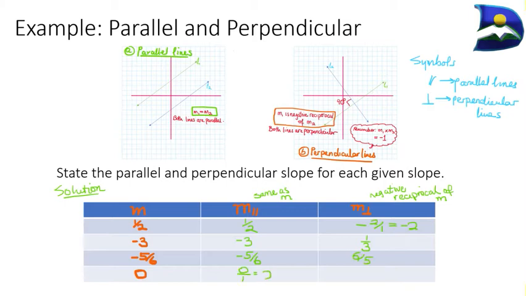And finally here we see something quite interesting. We have a slope that is equal to 0, and when you recognize this, you see that the parallel line is the same thing as 0/1, which means that your answer is equal to 0. Therefore, the slope tells me that the line is a horizontal line, as we recognized from our two videos previously.